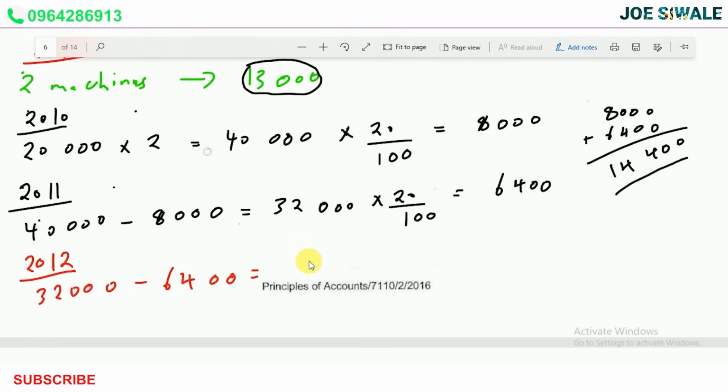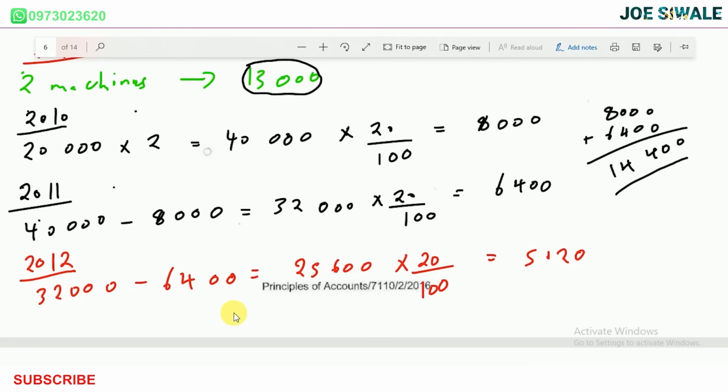So our answer there is going to be 25,600, and we're going to calculate 20% of that. And our answer there is going to be 5,120. So that's the depreciation of the remaining 2 machines in the business for the year 2012.